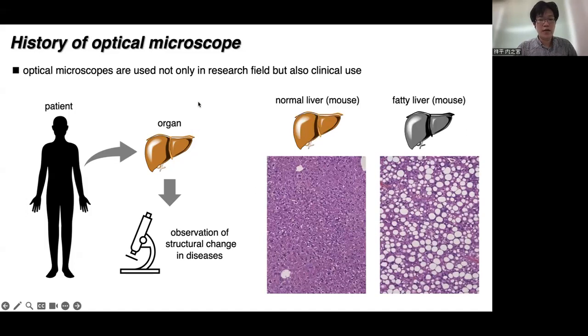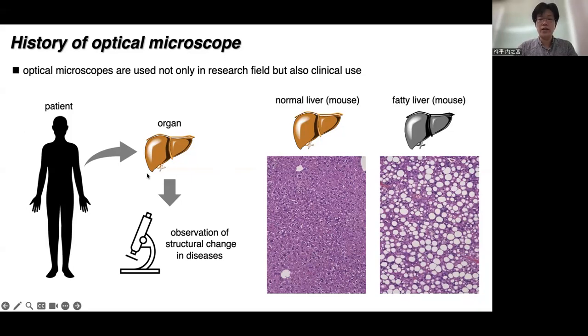Okay, this is not a sample from a human, this is a sample from a mouse used in my experiments, actually. This is an image of a normal liver. However, in fatty liver, you can see a clear structure like this, and these are actually fat. So by seeing these samples, we can say this is a fatty liver, and can judge how to cure these diseases.